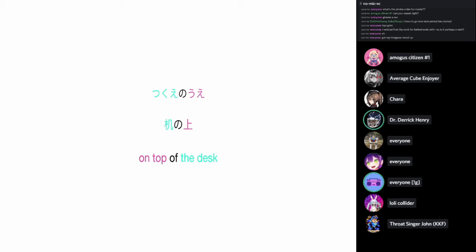So here's an example of how you would use these. Right, so this says tsukue no ue. So tsukue is a word that means desk or table. So tsukue is your desk, and so tsukue no ue is top of the desk. So on top of the desk is tsukue no ue. And then you could similarly replace ue with whichever of the other directional prepositions we studied on the previous slide.